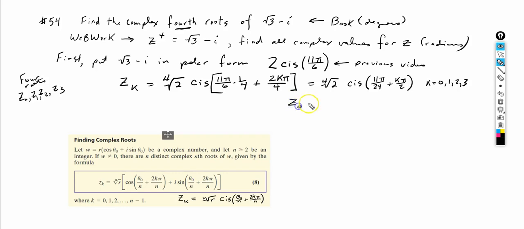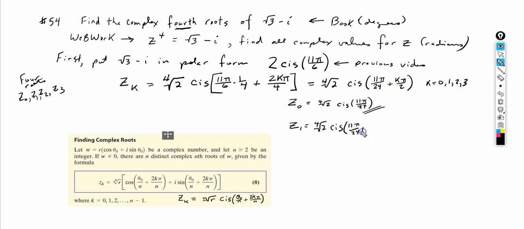All right, so for my first root, k is going to be 0. And if k is equal to 0, I'm just left with the fourth root of 2 times cis of 11 pi over 24. That's my first complex root. And for my second one, I let k be equal to 1 in this formula. So I'm going to have the fourth root of 2 times cis of 11 pi over 24 plus pi over 2 if k is 1.